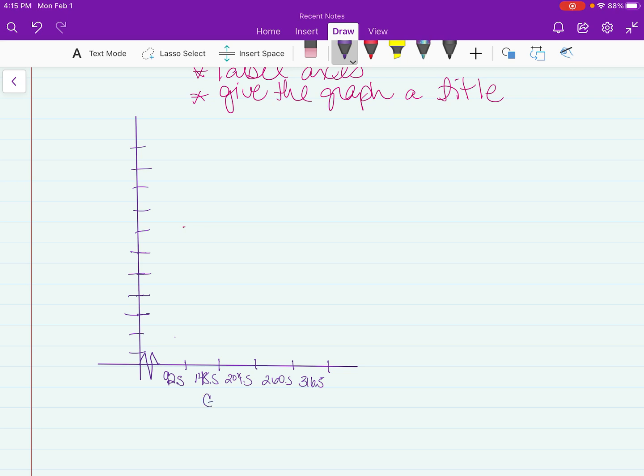So these are GPS prices. The title would be 30 GPS prices. This axis is frequency.